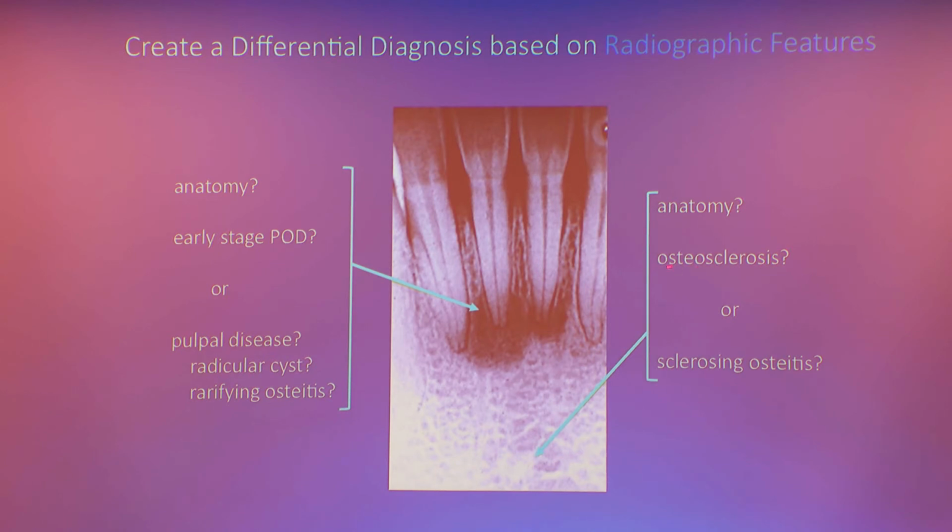Well, there may not be a cause for an osteosclerosis, but still, because we're in the midline, it's probably anatomy. Could it be a sclerosing osteitis, which can look like a sclerosis, but if you see itis, it implies inflammation. There's an inflammatory source. And I don't see any potential inflammatory source down here. So again, location, density, the shape of things, they all influence how we get to a diagnosis.